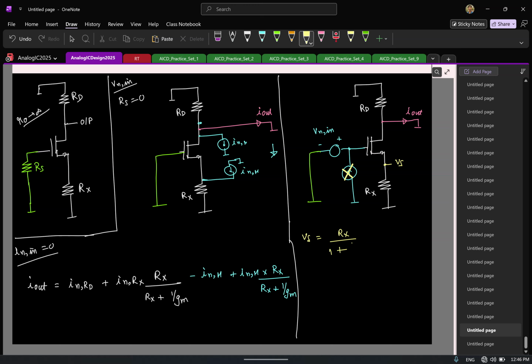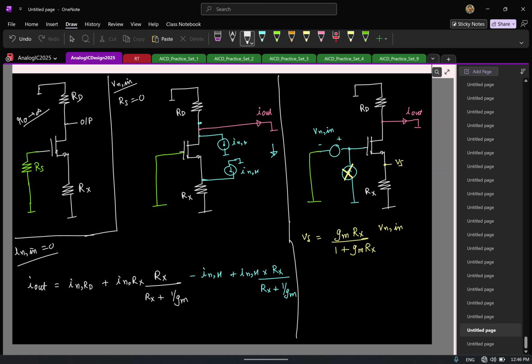No, that doesn't make dimensional sense, right? This is resistance, but here it's a constant. So gm times. Again, same thing: this is a buffer put in negative feedback, so gain A by 1 plus A, with beta being 1.